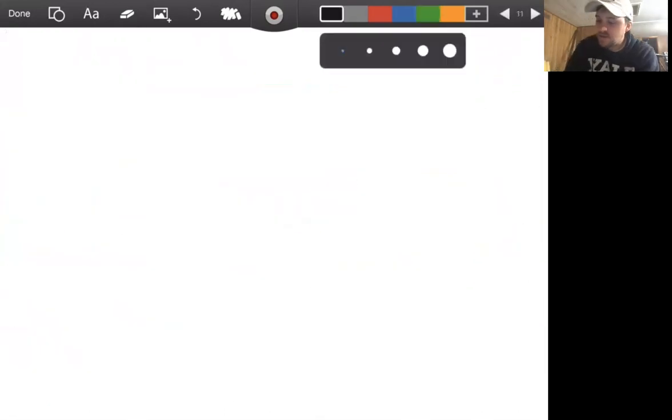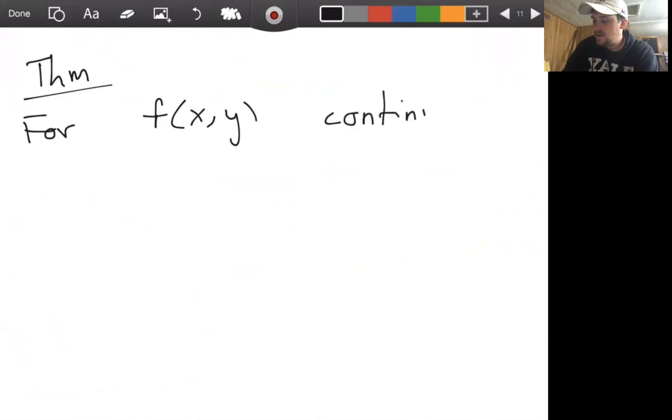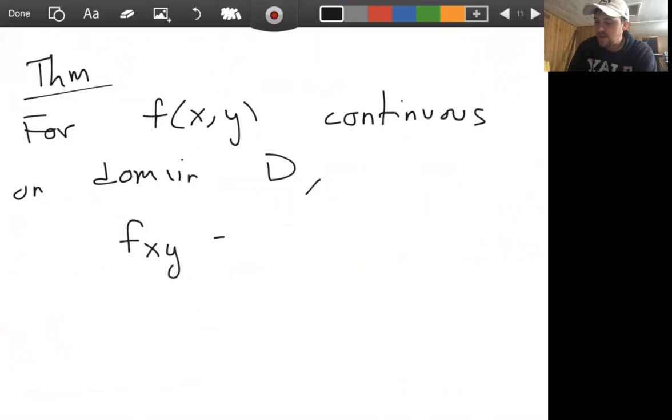And that leads me to this theorem for f of xy continuous. So I'll say on the domain D, f sub xy is equal to f sub yx.